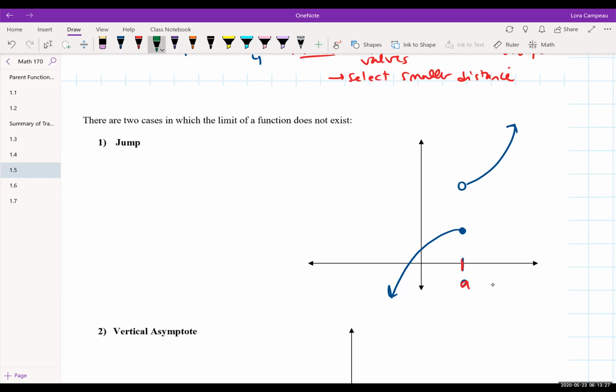If I'm looking at all the X values coming from the left-hand side, all the corresponding Y values as you get closer and closer to your A appear to be reaching this function evaluated at A. It appears that it's reaching, I'll call it limit 1.